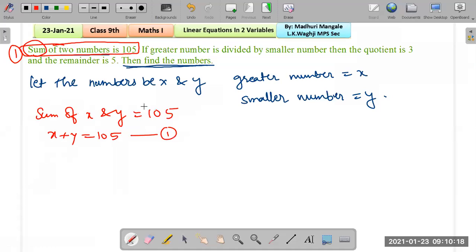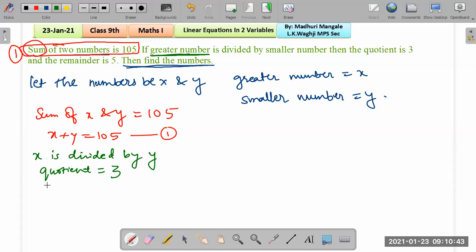Now look at the second condition. It says the greater number is x, so we are dividing x by the smaller number y. If x is divided by the smaller number, then the quotient is equal to 3 and the remainder is equal to 5.